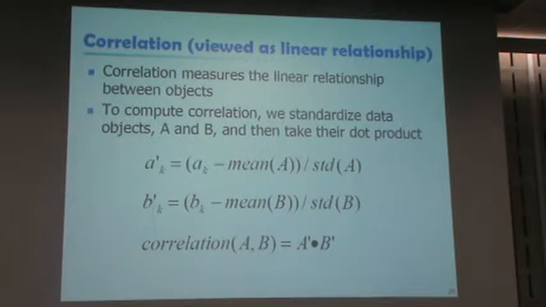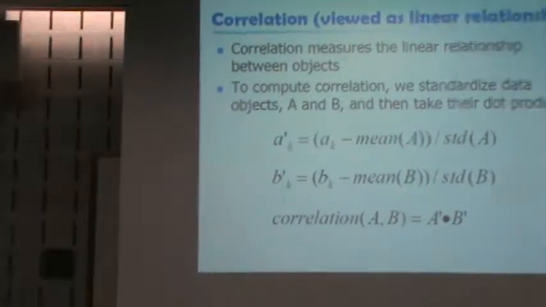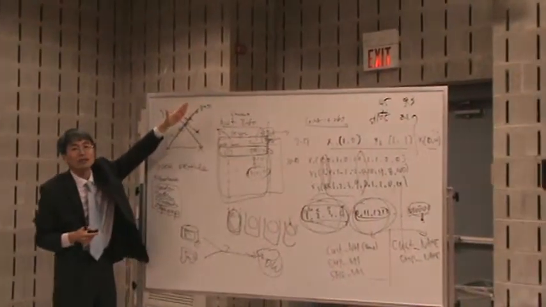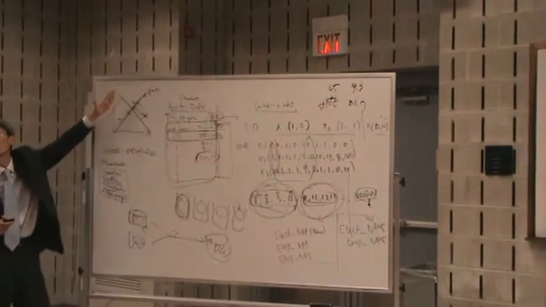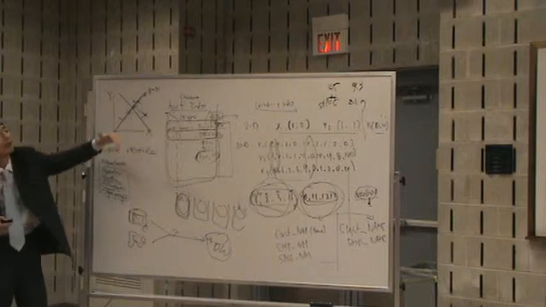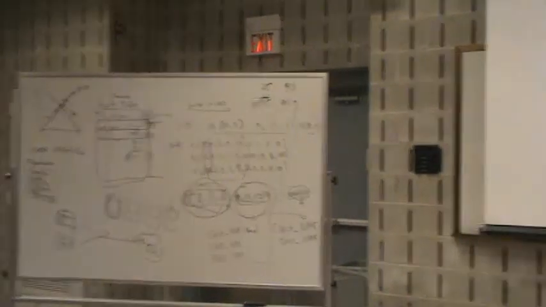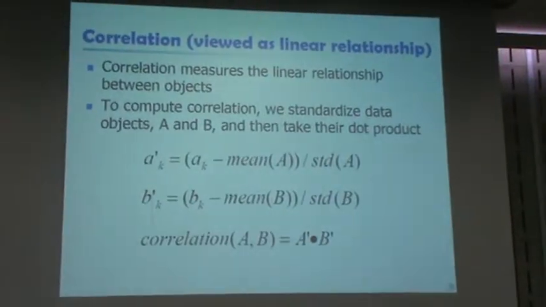You can see the correlation as a linear relationship, like this one. If they are related, it will be linear. It can be represented as a linear equation, or the negative relation that is mentioned here.